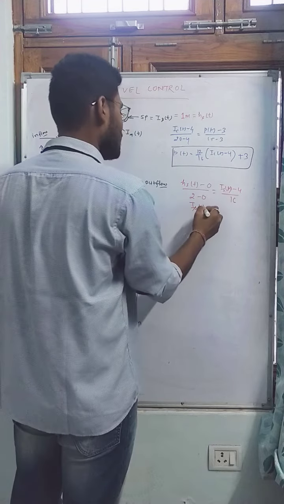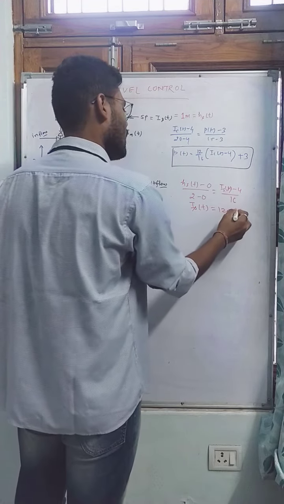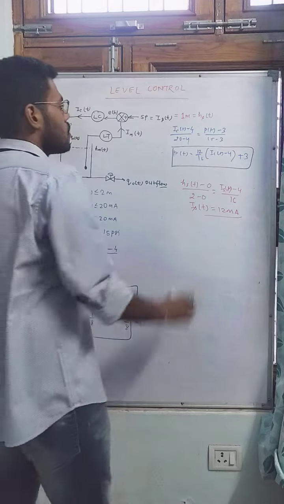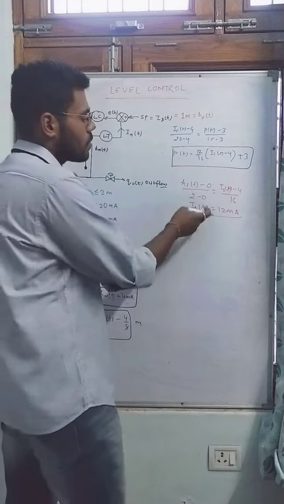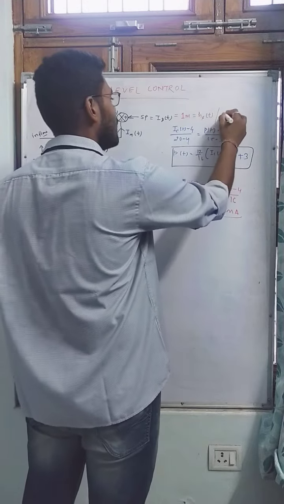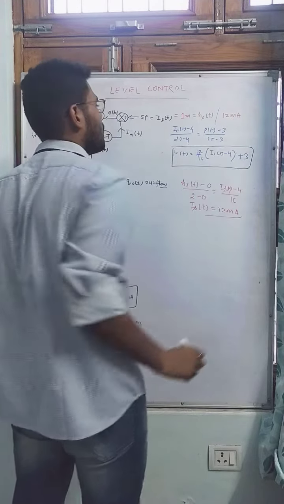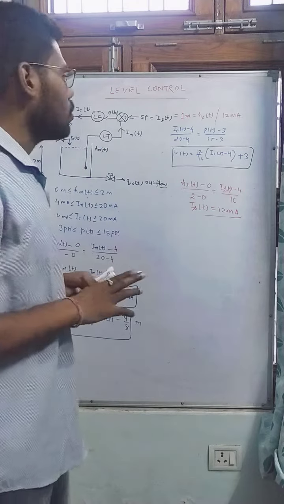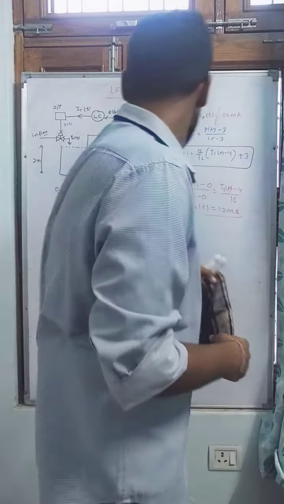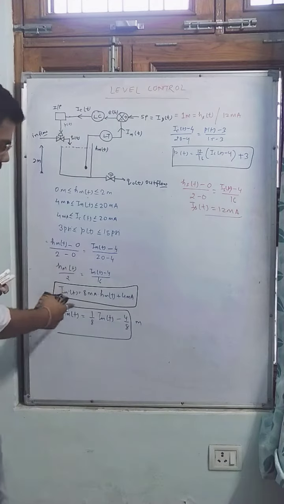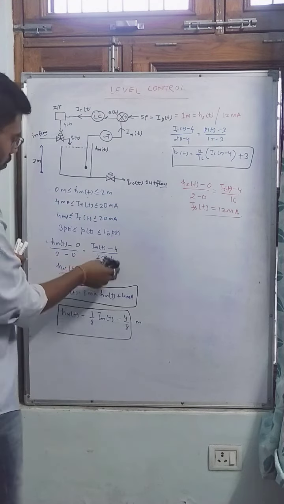From here IST is 12 milliampere. So in terms of height, the set point is 1 meter, and in terms of IST, it is 12 milliampere. Fine. Now the set point has been decided. Now we will start the process. These two equations are important, so I will not rub this.